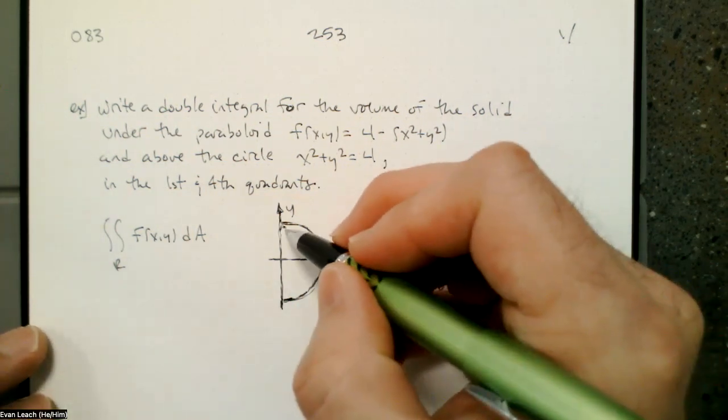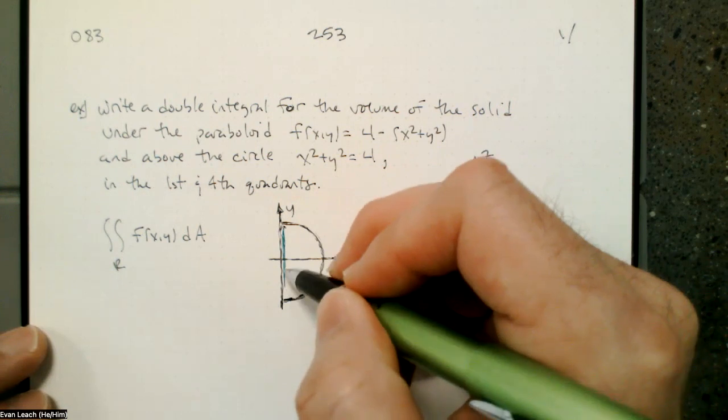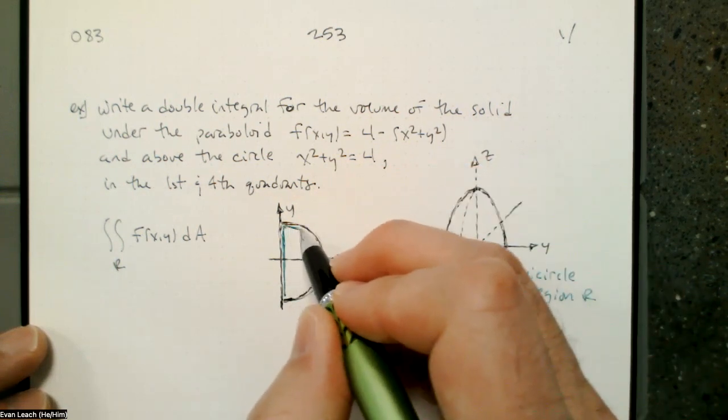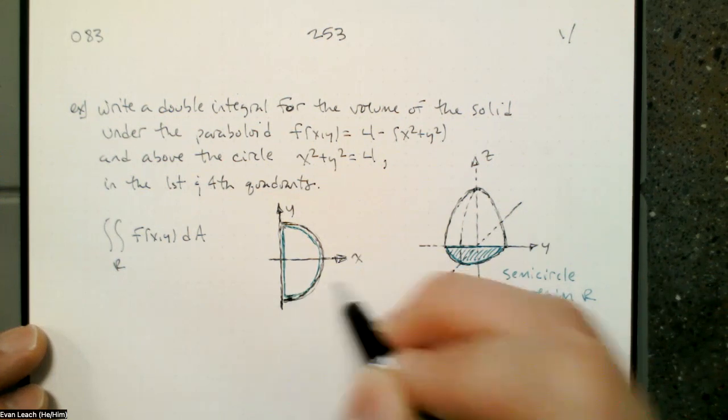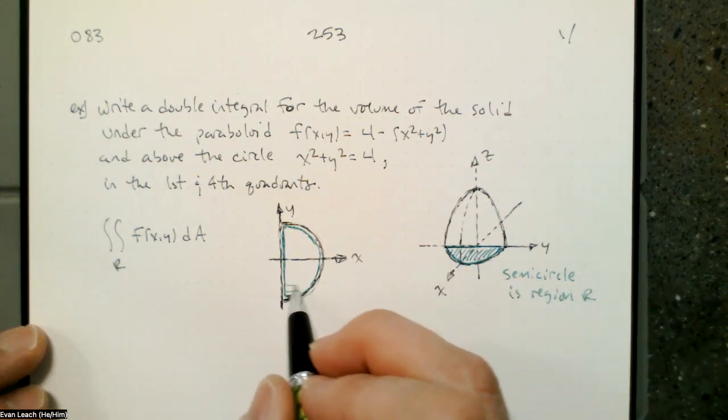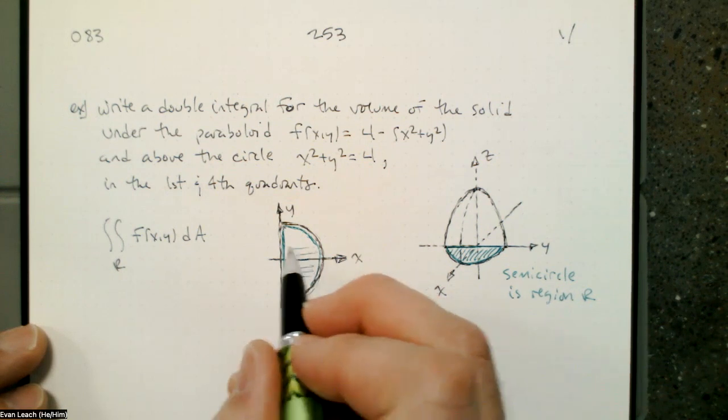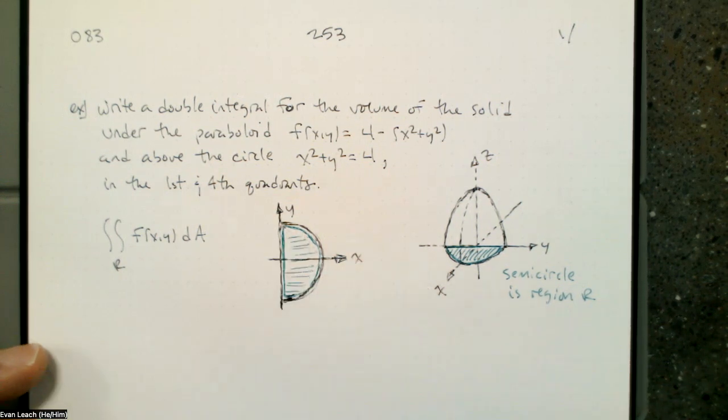And so here is our region R. I'll try outlining it and highlighting it in the same pattern that I used over on the 3/4 view. So this is the floor, and the walls and the ceiling are formed by the paraboloid 4 minus x squared minus y squared.